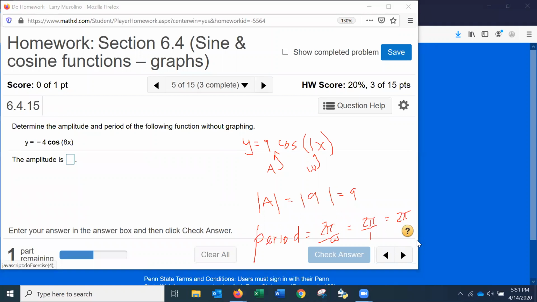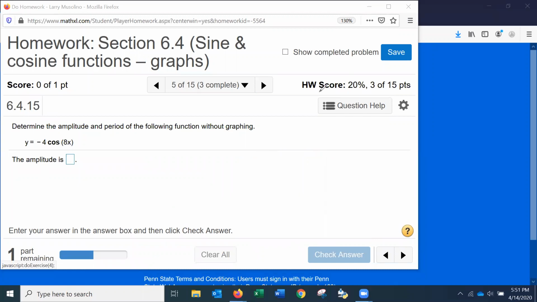So in this example, they're asking us to look at y equals -4 cosine 8x. The A here is -4. The coefficient omega is 8. So the amplitude is the absolute value of -4, but that's 4.